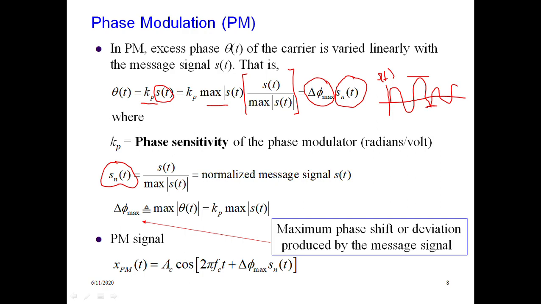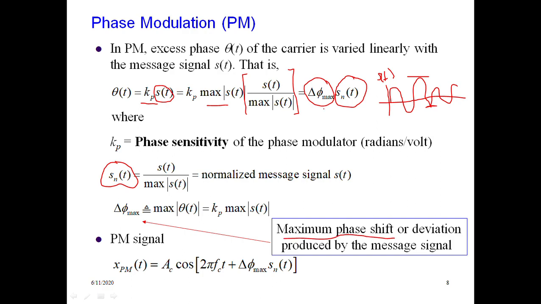We want to normalize the signal so it is standardized, and it will be better for us to analyze in the concept of a normalized signal. Remember the term delta phi max, which is the maximum phase deviation or maximum phase shift.